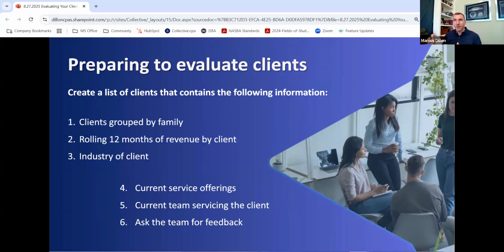But that is the most important part in all of this because DBA is called to care for team first, client second. I don't think there's any clients on this call, and I don't think that any clients would be surprised by that. But if we take care of our team, then our team will take care of our clients. So yeah, if a team member is having a real hard time with the client, then we want to know that. We want that to factor into our evaluation.